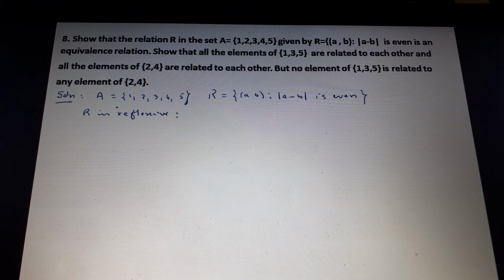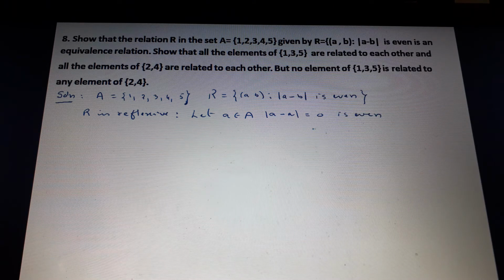So what is the procedure? For every element a belonging to A, I have to show that (a, a) belongs to R. Now, let a belong to A. It can be 1, it can be anything. Now, a minus a is 0, and 0 is even.